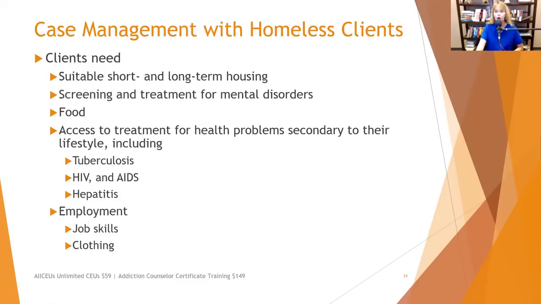Case management with homeless clients. Clients need suitable short and long-term housing, screening for treatment of mental disorders, food, access to treatment for health problems secondary to their lifestyle, which include TB, HIV and AIDS, and hepatitis, and potentially employment, job skills, and clothing. So homeless clients, I mean, think about it.